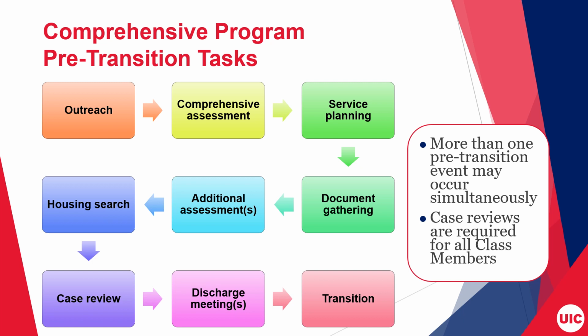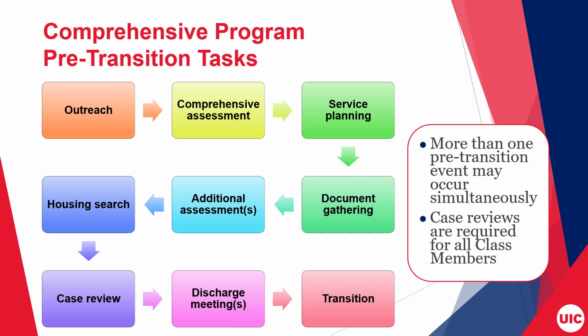Outreach and comprehensive assessment are addressed in other trainings focused on these aspects of the transition process. However, ongoing engagement and further assessment take place throughout the transition process. In addition, service planning is both a concrete task, that is, filling out the comprehensive service plan document, but also an ongoing process.